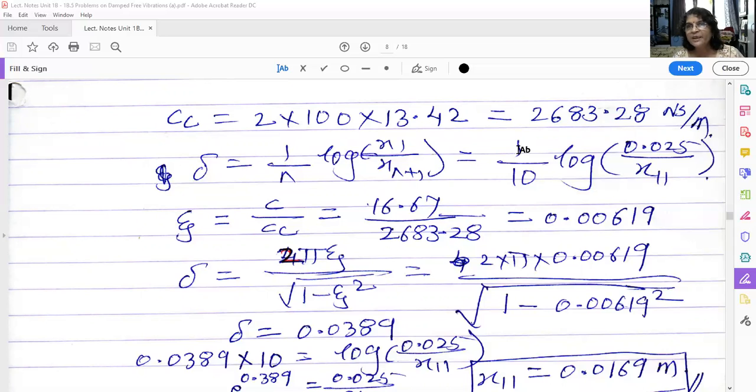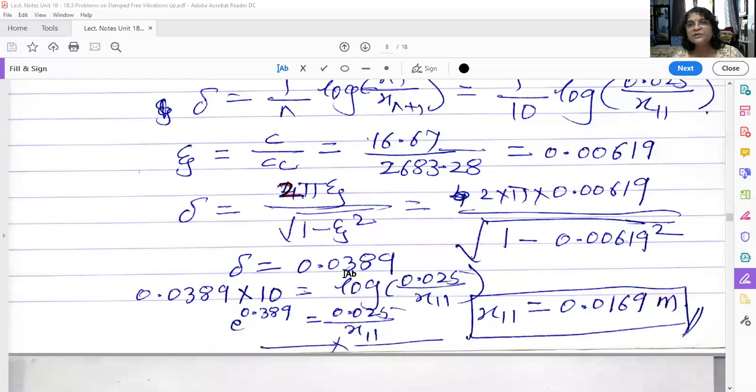So put the value of n, that is 1 upon 10 into log base e. What is the initial amplitude? It is given x1 0.025 meter upon x11. Okay, now already we have written zeta. Sorry, delta we already found out. Delta is equal to 0.0389.